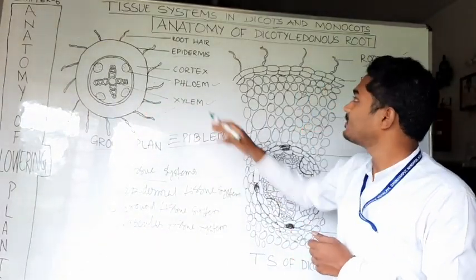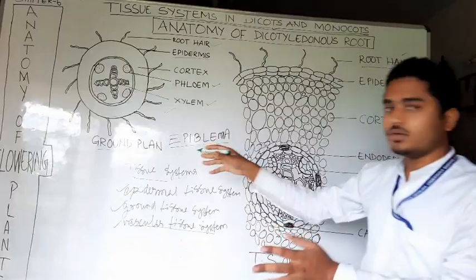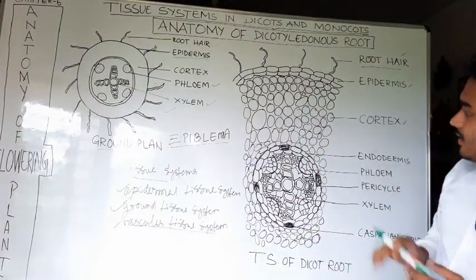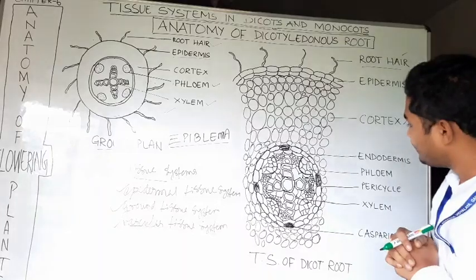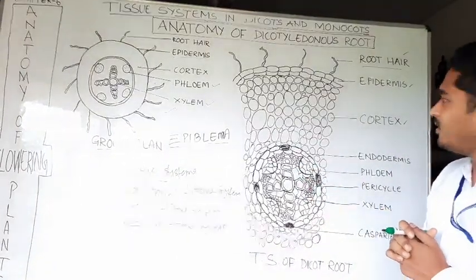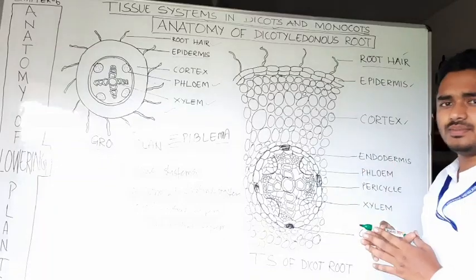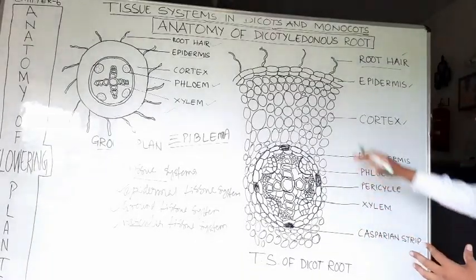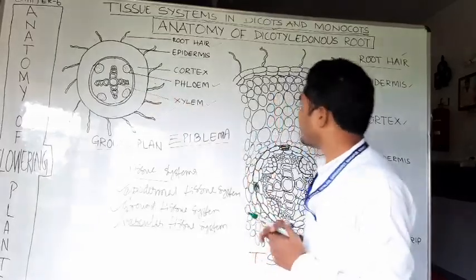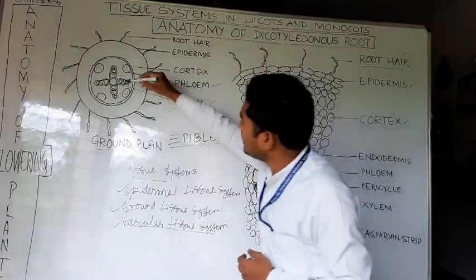The epidermal tissue system is the epidermis. So this is your ground plan, and if we prepare a slide and observe it under the compound microscope, this is the structure we see. Suppose this is the portion we have enlarged here.